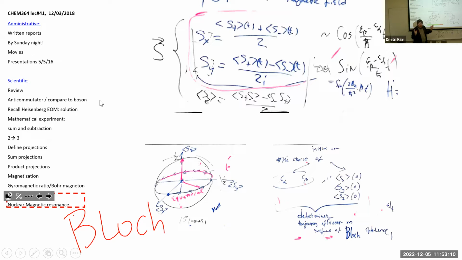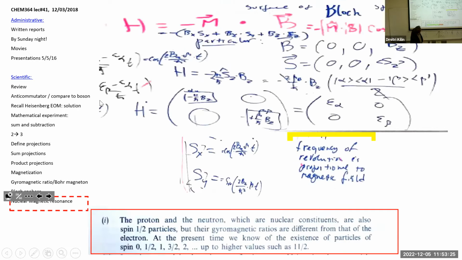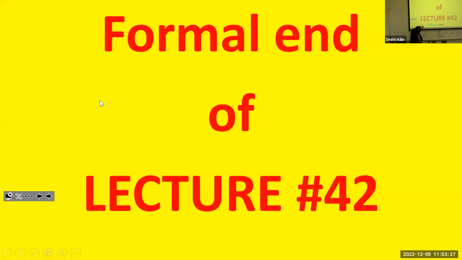If it is an ensemble, since they rotate with different pace, there will be free induction decay. The length of this vector will get shorter and shorter, and it is what you see on your plot. So here is a verbal summary.